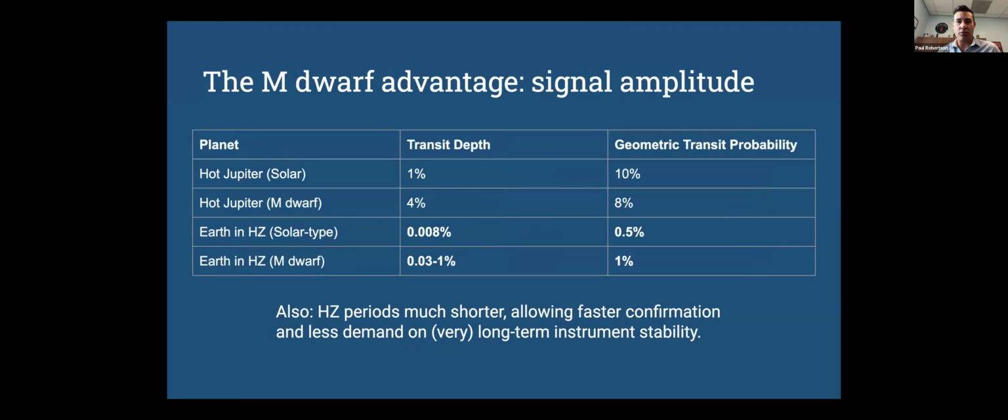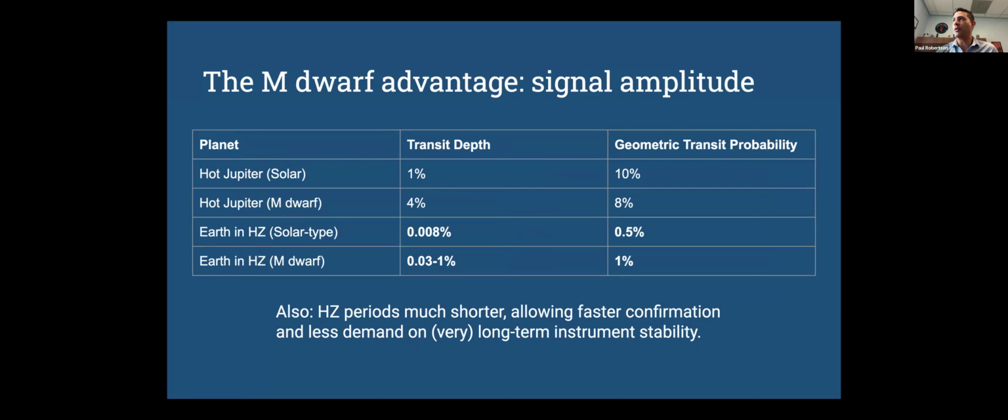This extends to signal amplitudes for transiting planets. Because this depends on the radius ratio squared, you get a significant increase in transit depth for, again, that habitable zone Earth. And you also get a factor of two in geometric transit probability because, again, the habitable zone planets are so much closer.